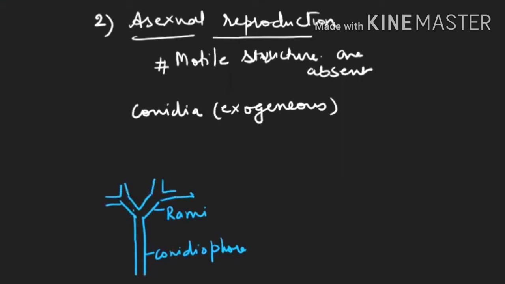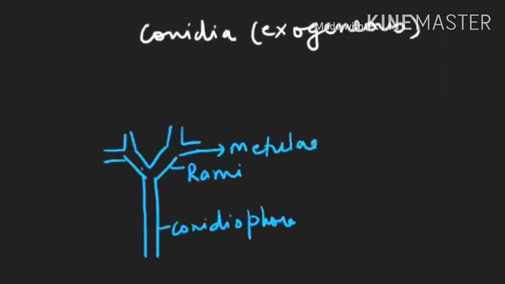So this branch is known as metulae. And on top of metulae, we will find they are bearing the phialid or sterigmata, which is a flask-like structure which they are bearing on top of the metulae.